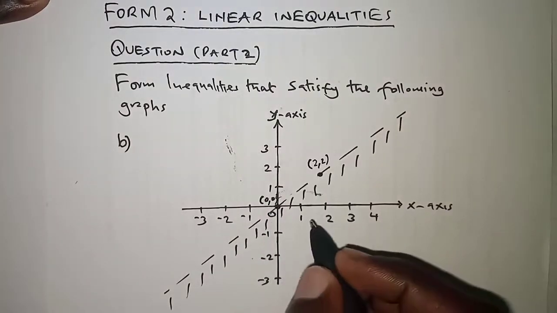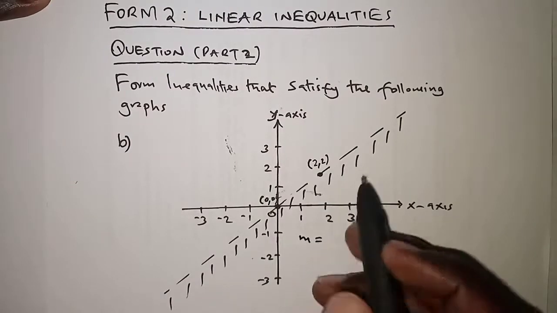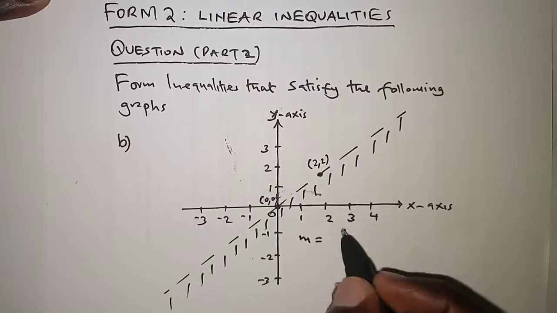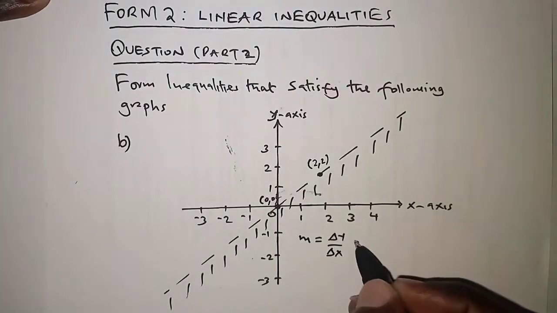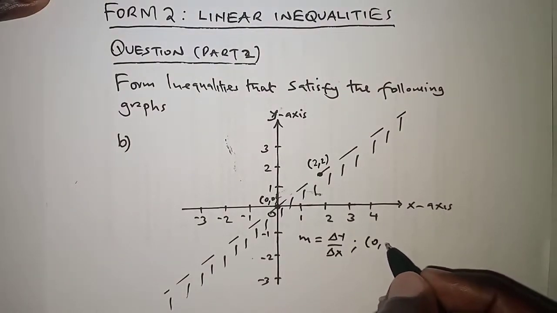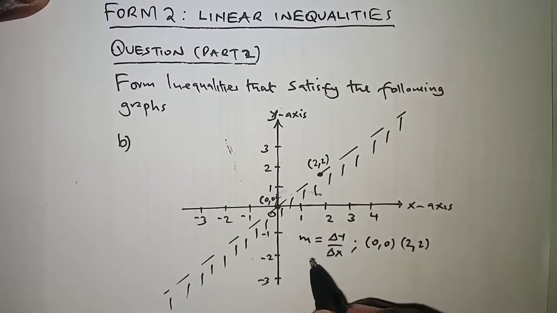With that, the first step is to determine the gradient of the line, of which the gradient is change in y over change in x. But remember, we have the 2 points, the origin and point 2, 2. So with that, we can get the gradient.